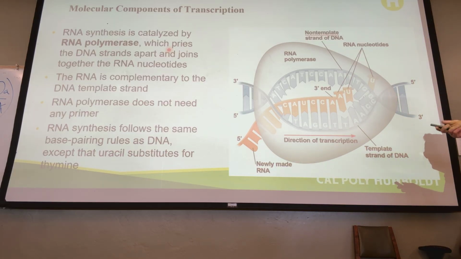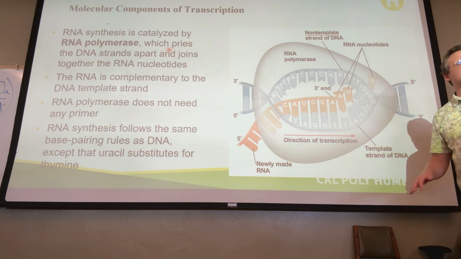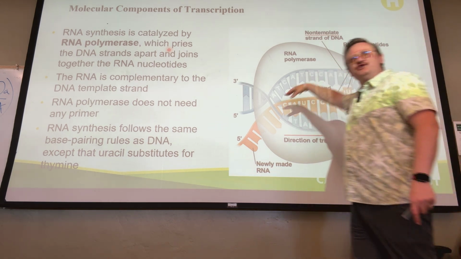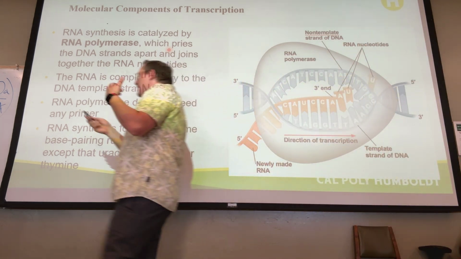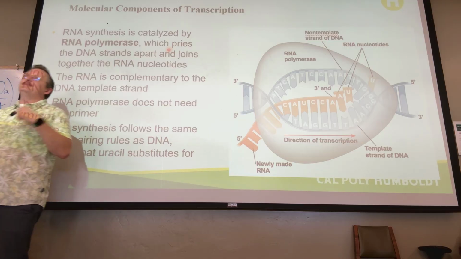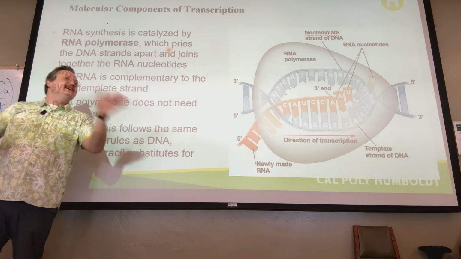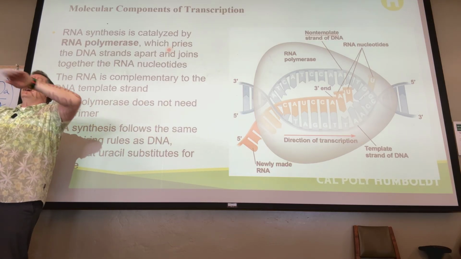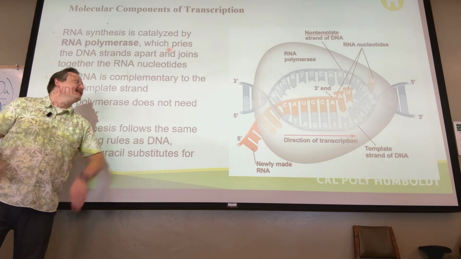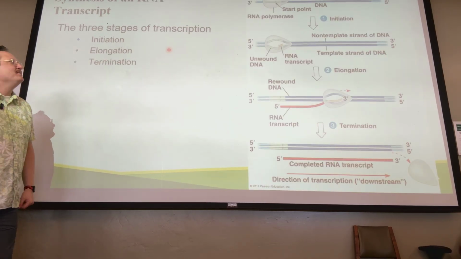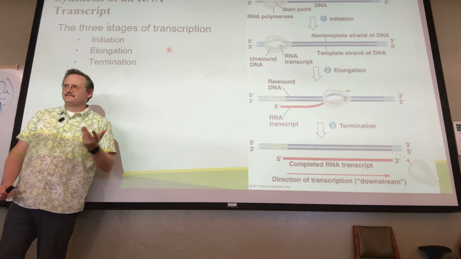Totally my bad. Everything else still holds, how there can be genes encoded on either one of these strands. But what determines where RNA polymerase actually binds is not a start codon. It's actually this promoter region.